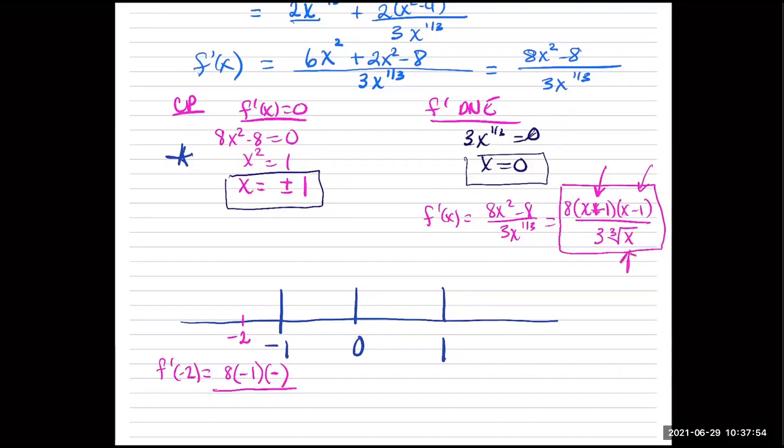When we plug in -2, is the cube root of -2 positive or negative? Yeah, that's going to be negative. So notice if we were to simplify this fraction, I have a positive number on top divided by a negative number. So the answer there is going to be negative.